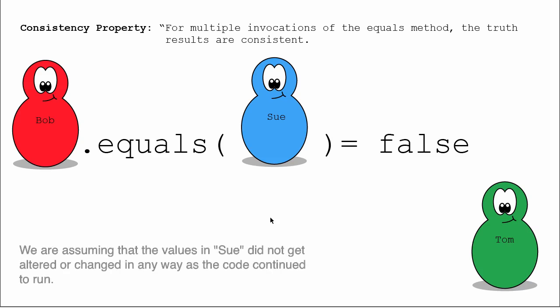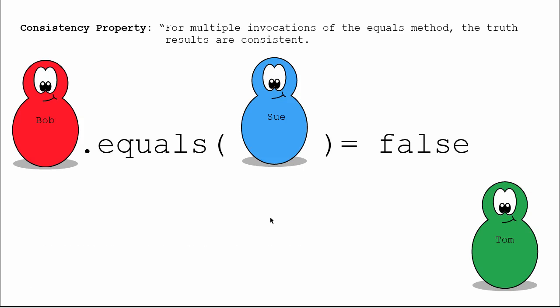So when it says for multiple invocations of the equals method the truth results are consistent, that doesn't mean that you should get a true value. That just means that the truth value, now what is a truth value? A truth value is a value that is either true or false, and that as many times as you continue to invoke Bob.equals_Sue, that should always turn out to be the result that it was originally.